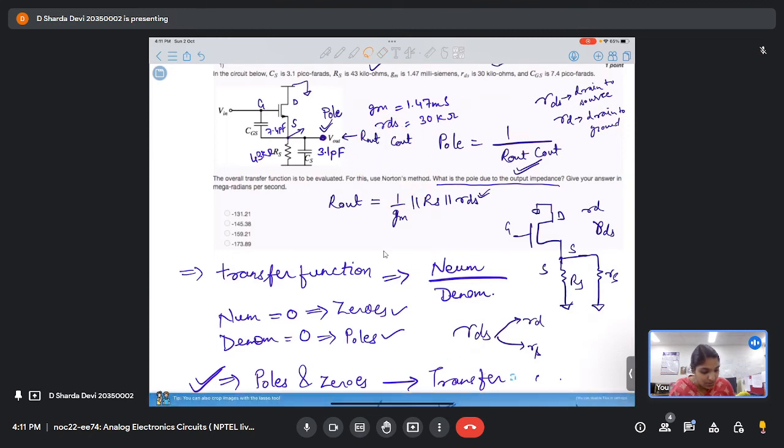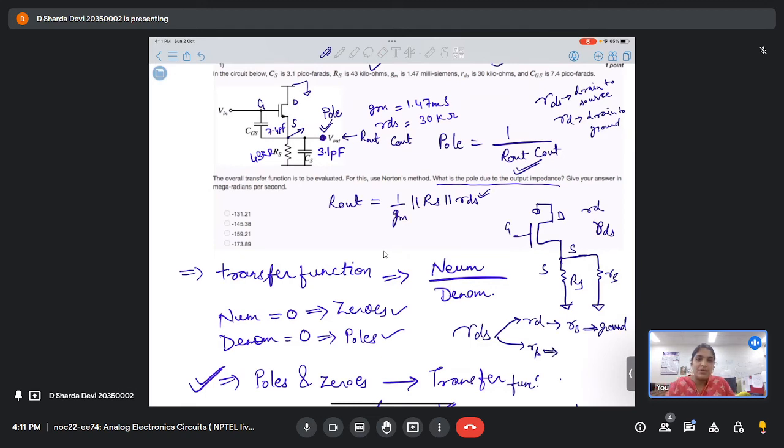It becomes RD when the source is ground, and it becomes RS when the drain is ground.